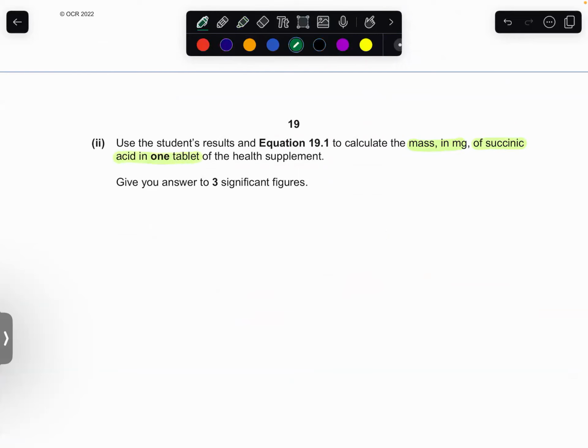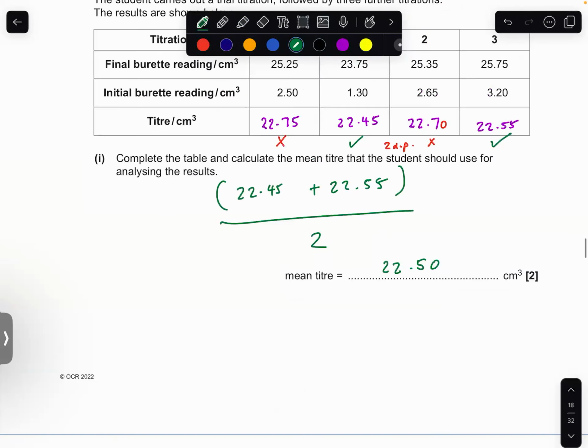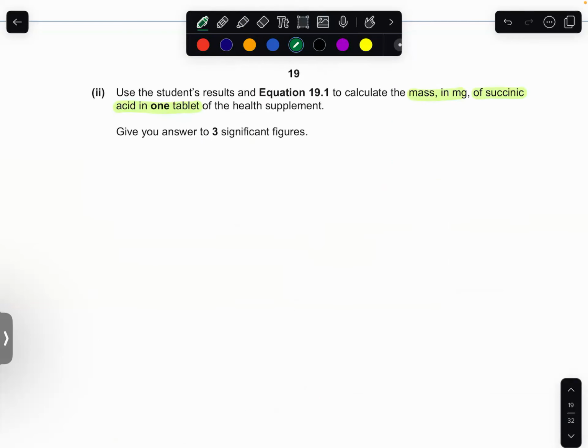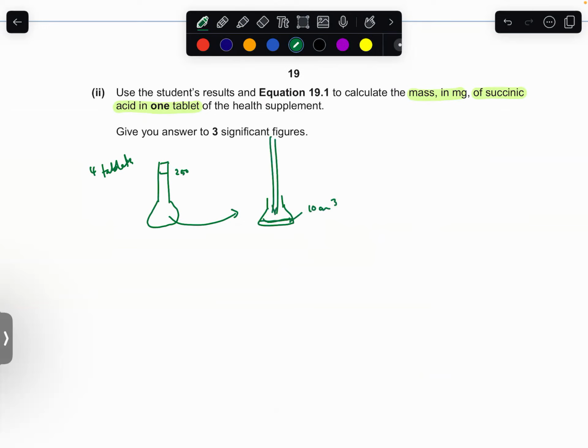Okay, just to give you a quick visual, we added 4 tablets and we made up the solution to 250. We then titrated 10 centimeters cubed of that. And the average titer we got was 22.50 that we just worked out.